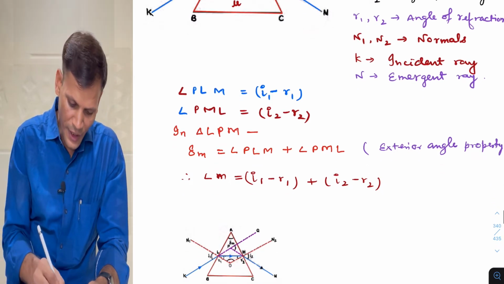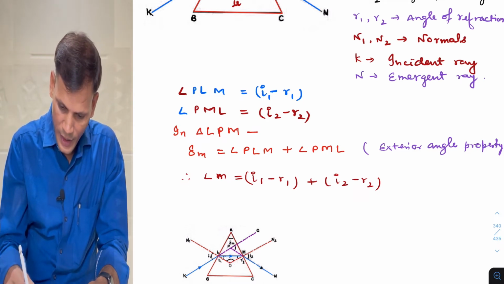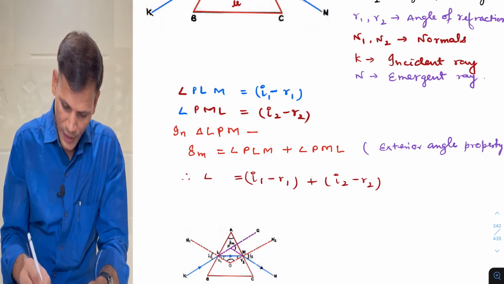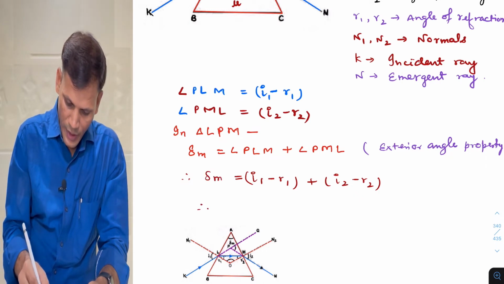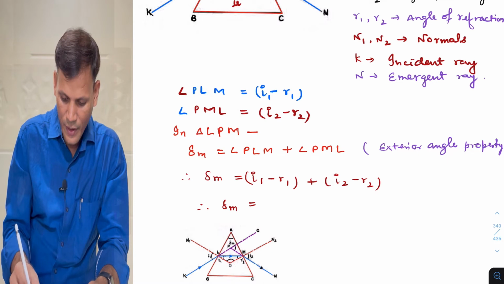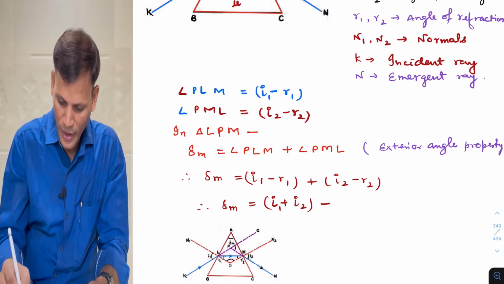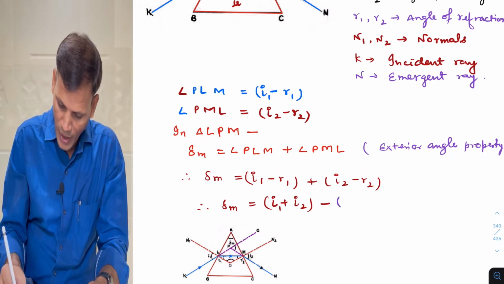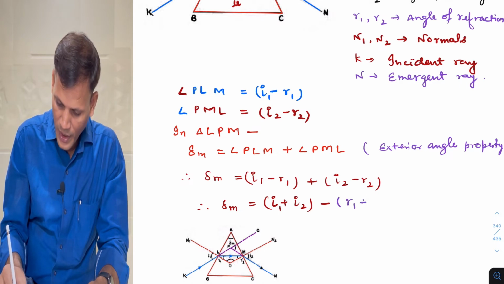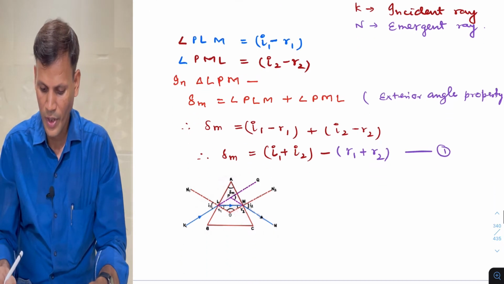So delta M is equal to I1 plus I2, taking minus common, minus R1 plus R2. This I will take as equation number 1.